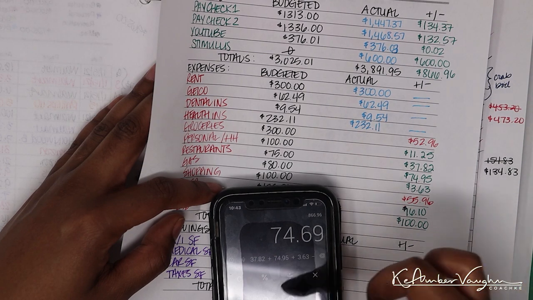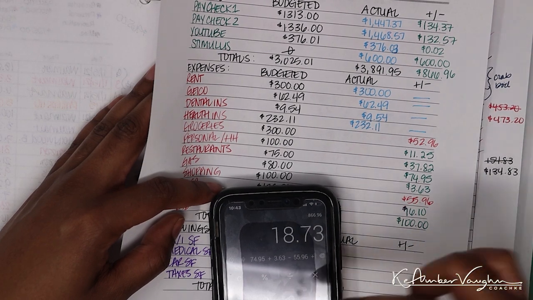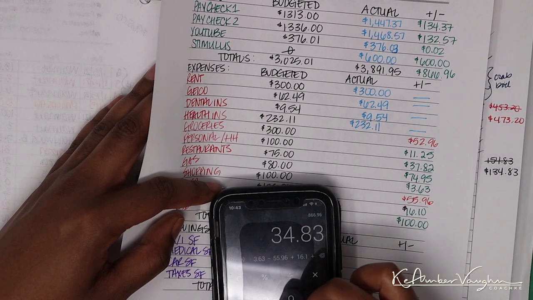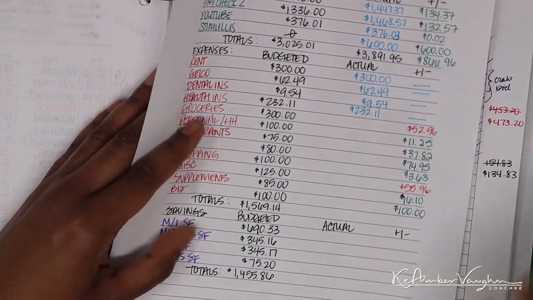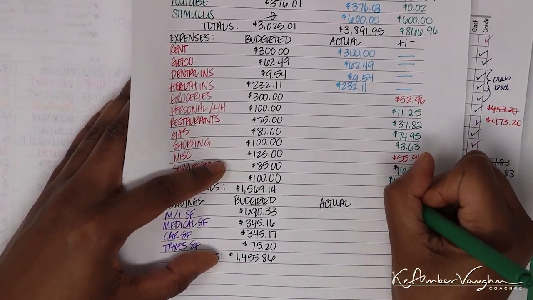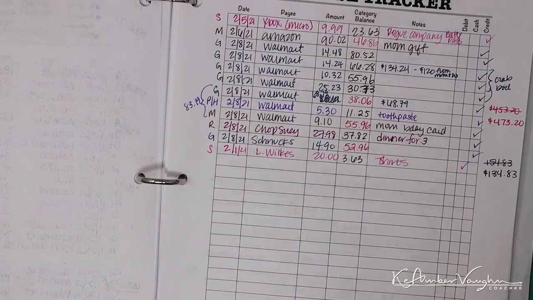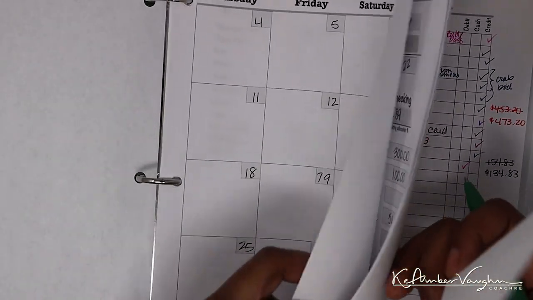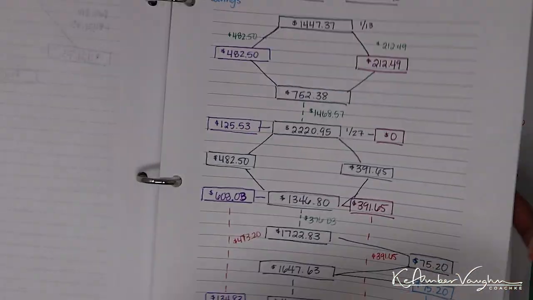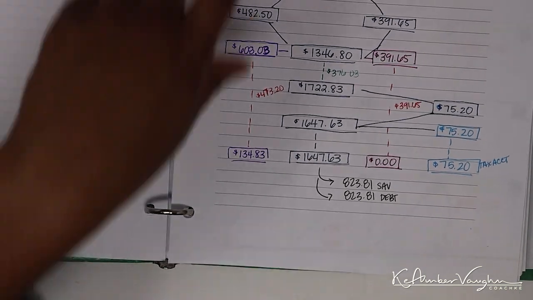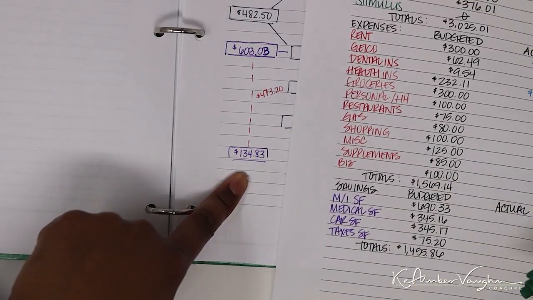Then I'm gonna subtract $55.96, add $16.10, and then we're gonna add $100. So I was under budget by $134.83. And if we go back to that map that I created, you guys can see that here.